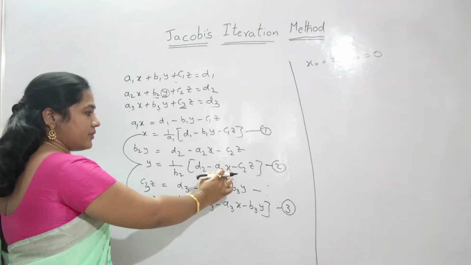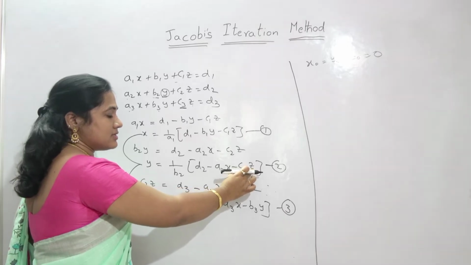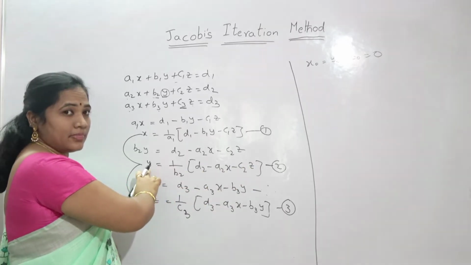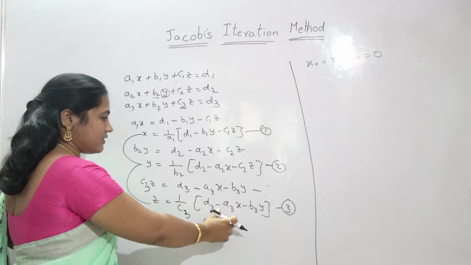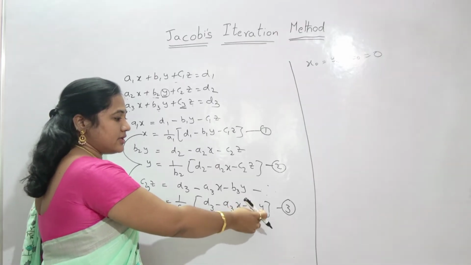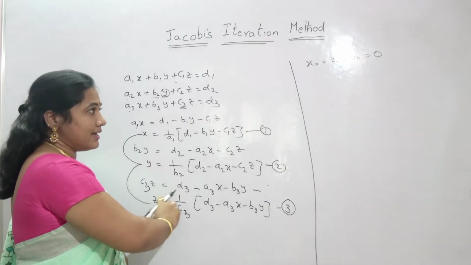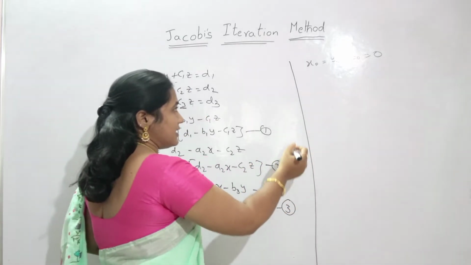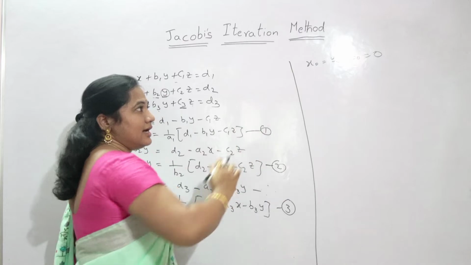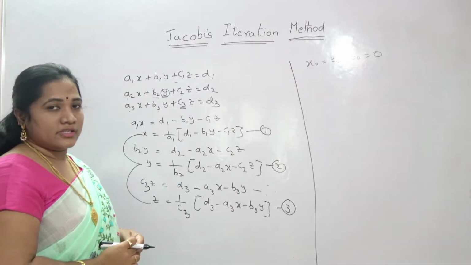Similarly, substitute x and z values 0 and find the y value. In the third equation, put x equals 0 and y equals 0, and find the z value. That gives the next approximation value. So this is the initial approximation, x naught, y naught, z naught equals 0.